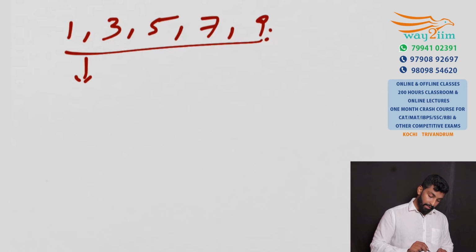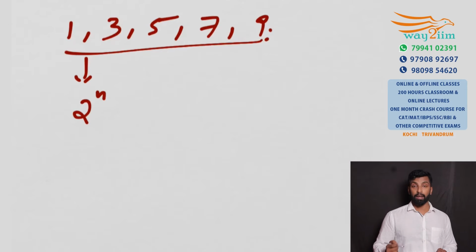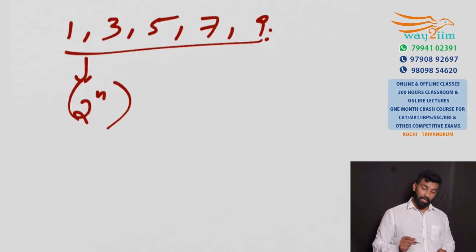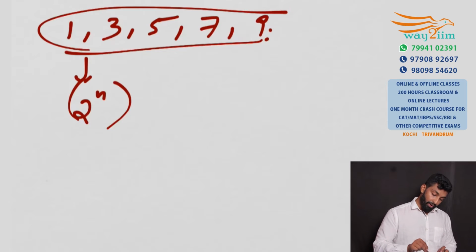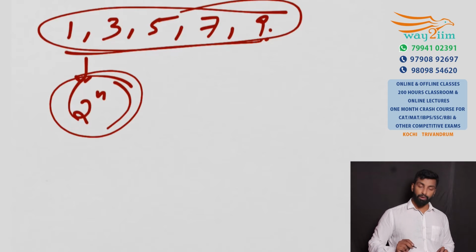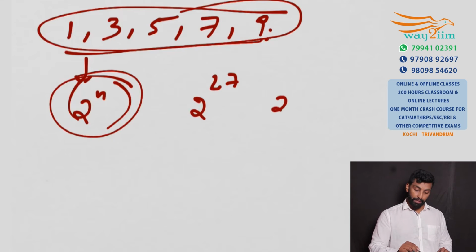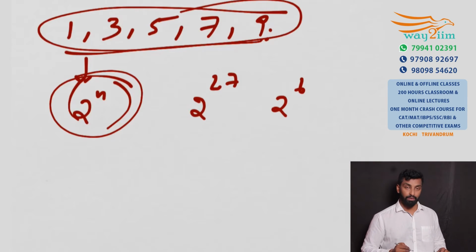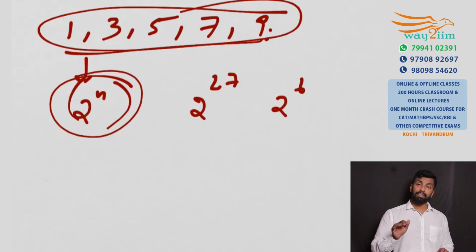Then I'll discuss 2 raised to n numbers. With this we cover all the odd numbers and all the 2 raised to n numbers, that is, numbers like 2 raised to 27, 2 raised to 87, 2 raised to 6, 2 raised to 5, whatever it is. Everything we'll discuss.